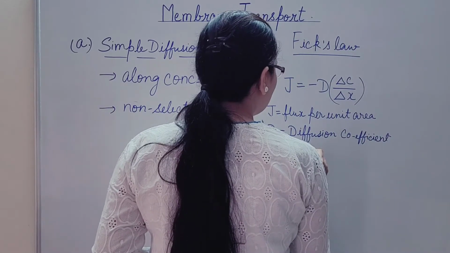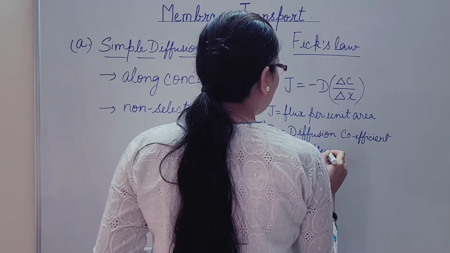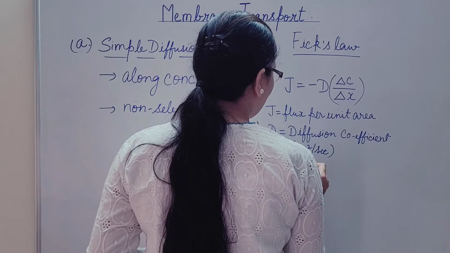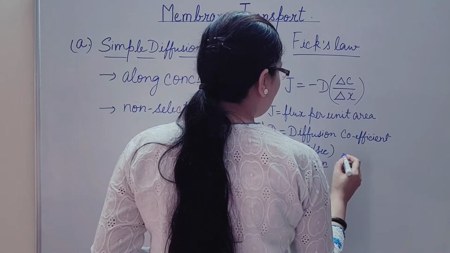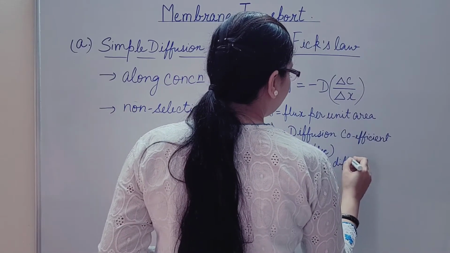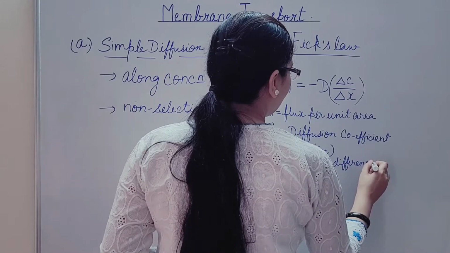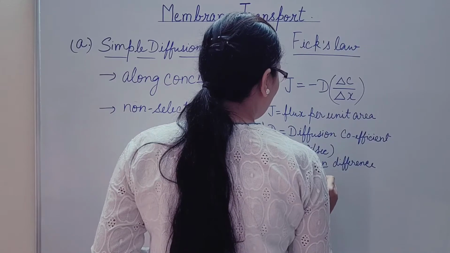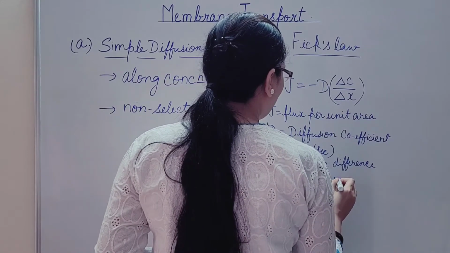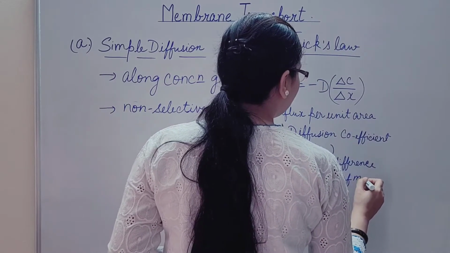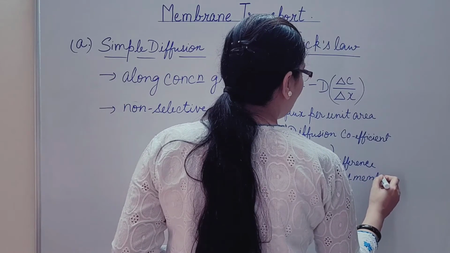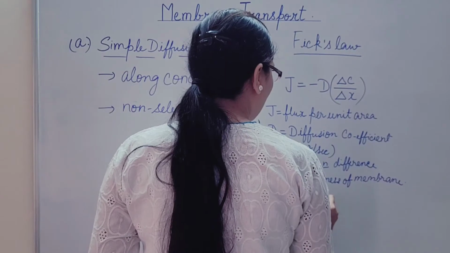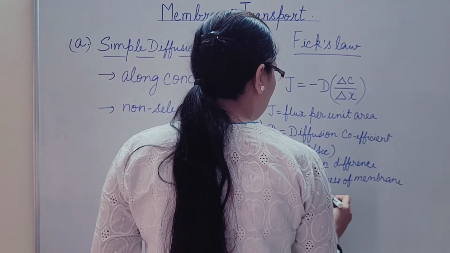It is expressed in centimeters squared per second. Delta C is the concentration difference and delta X is the thickness of the membrane in the case of membrane transport, or it may be distance.